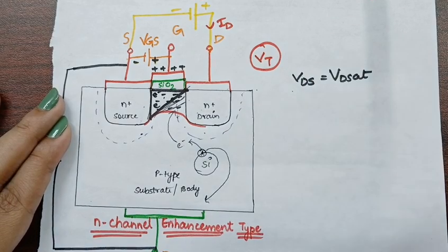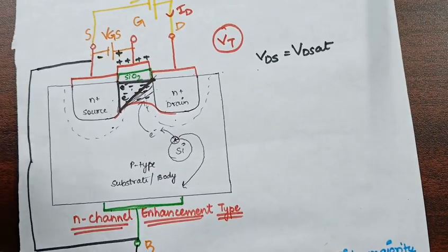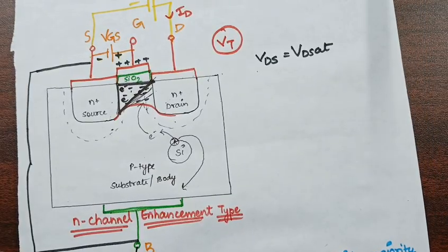So as its definition says, what is a MOSFET? It is a metal oxide semiconductor field effect transistor.